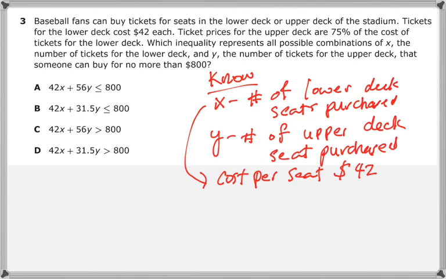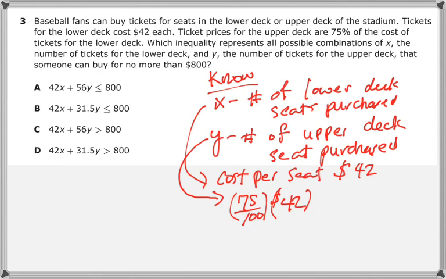Alright, and then the cost of the upper deck is going to be 75%. Percent means per 100, so what we have here is 75 over 100 times the $42. And anytime we divide by 100, we can take our decimal and move it 2 places to the left.